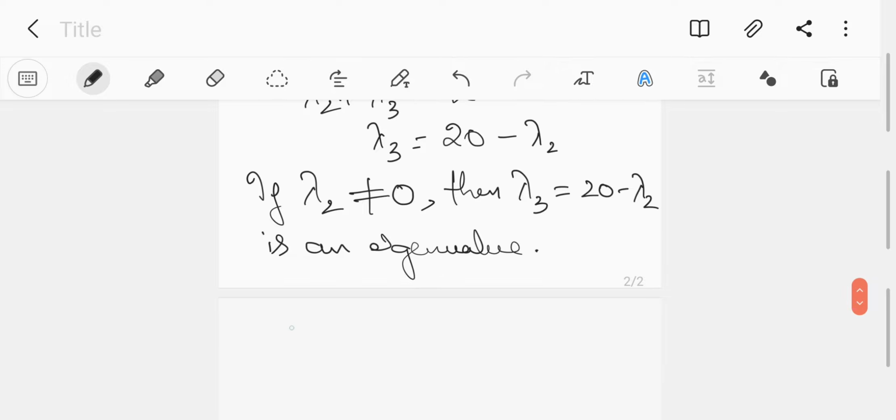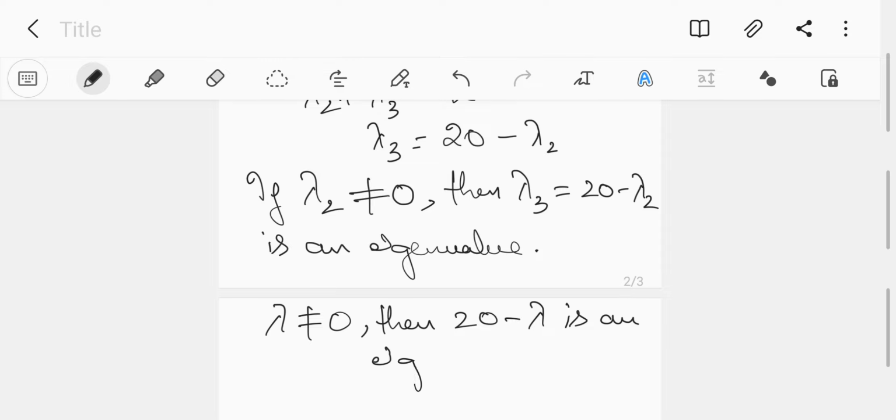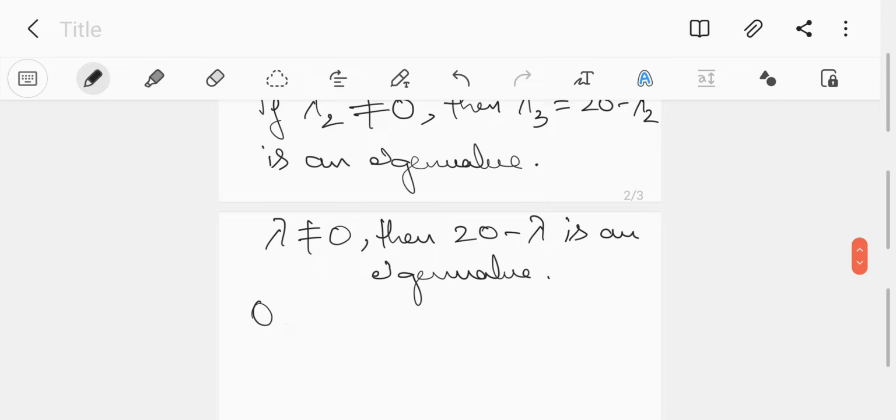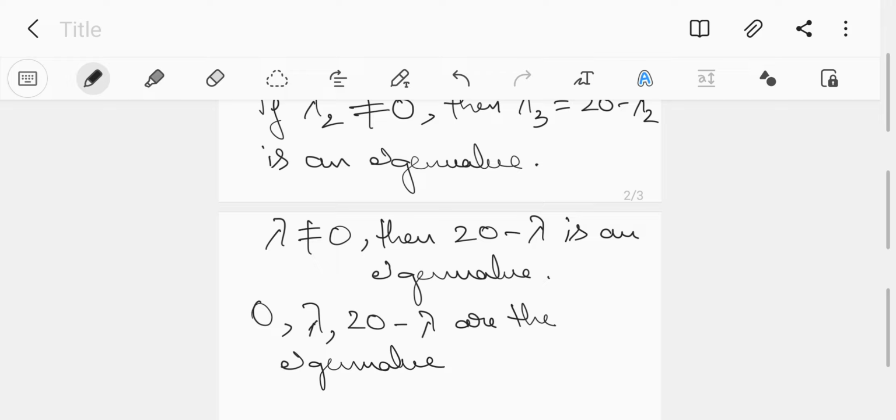So instead of lambda 2, if you take it as lambda, if lambda is not equal to 0, then 20 minus lambda is an eigenvalue. So what are the eigenvalues? 0, lambda, and 20 minus lambda. These are the eigenvalues of our matrix A.